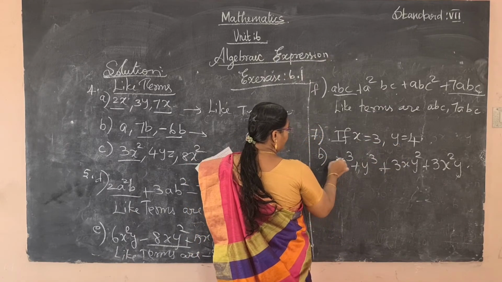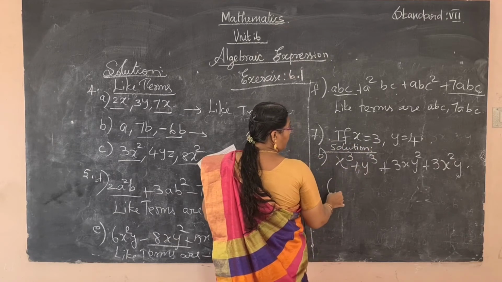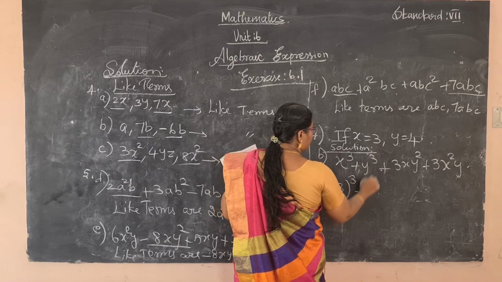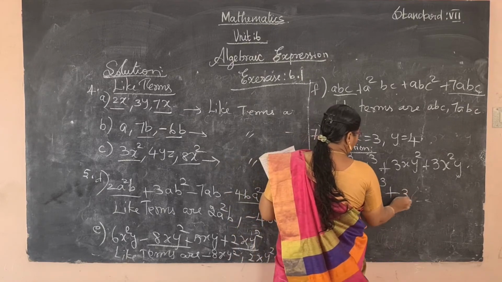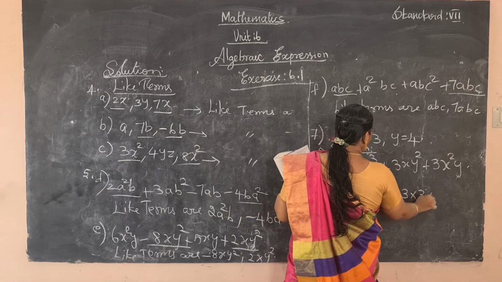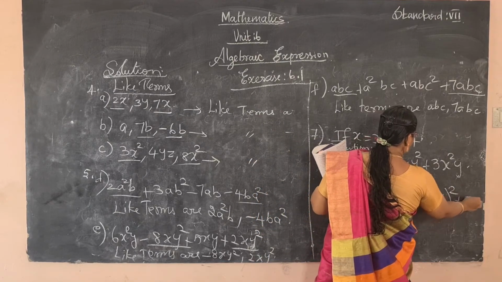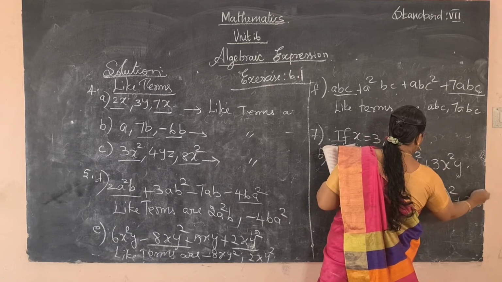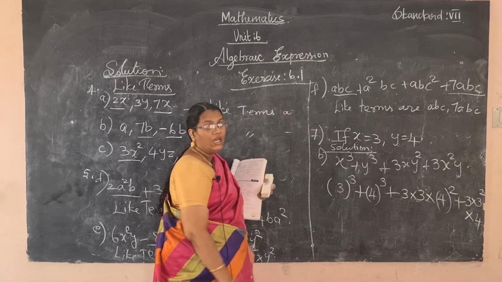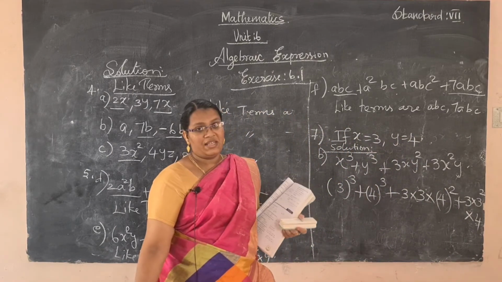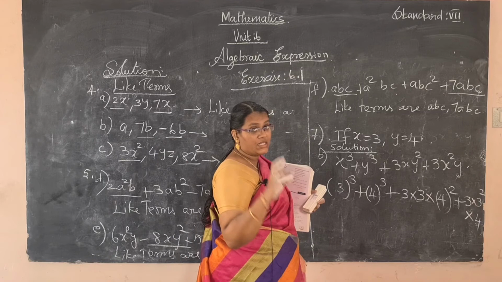So substitute: 3 power 3 plus 4 power 3 plus 3 into 3 into 4 squared plus 3 into 3 squared into 4. Just substitute the values in the x and y places. Okay, right. Now 3 power 3 means 3 multiplied by itself three times.